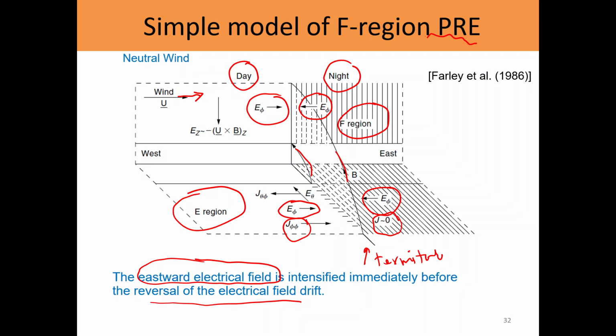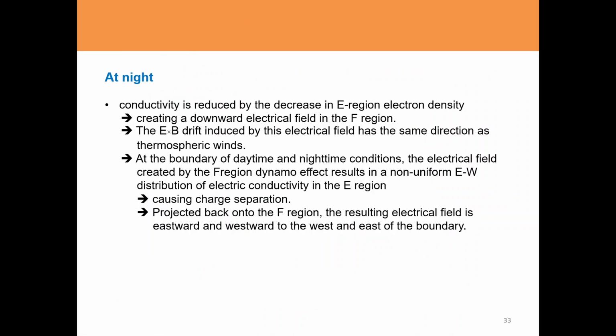So that's why it has the maximum force here. The magnetic field line is always south to north, right? But the eastward electric field, and also the wind, is perpendicular here. That's why you have the highest force that affects these ions at this region. Okay.